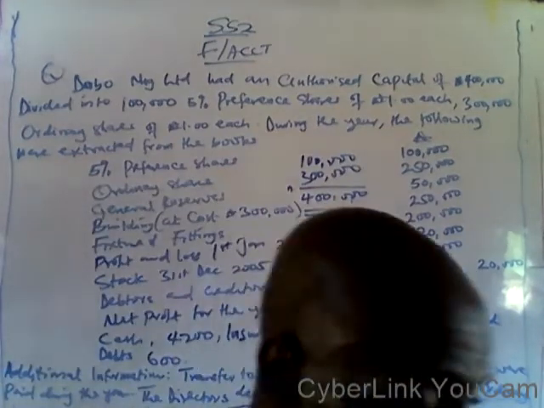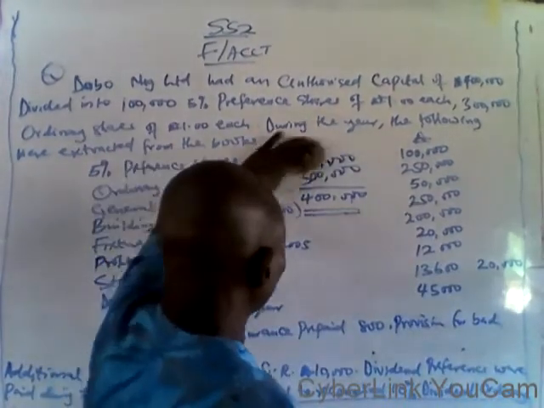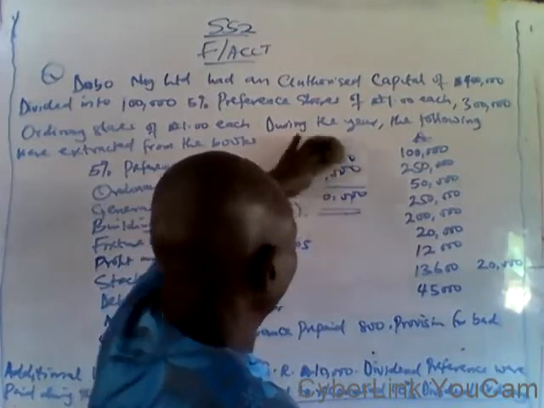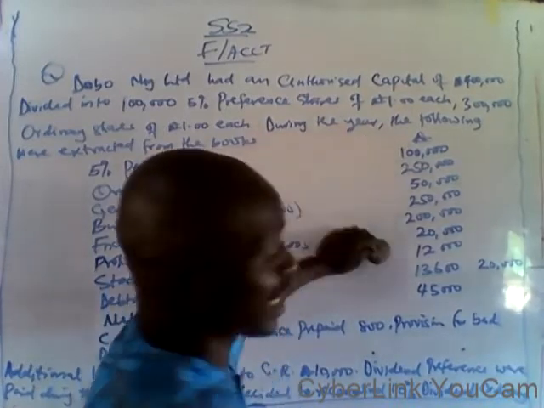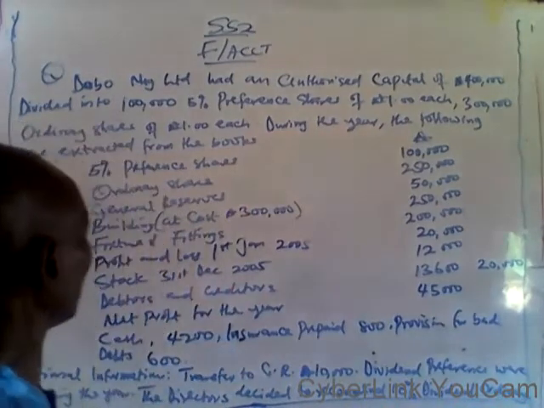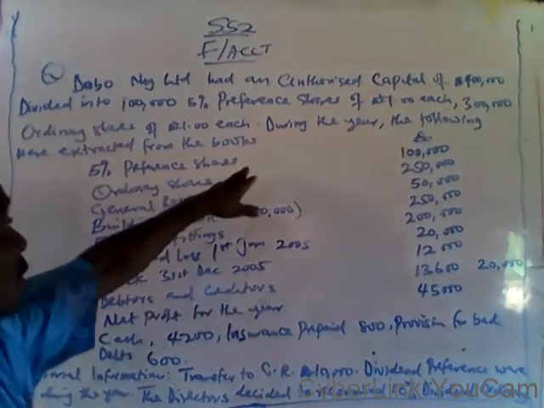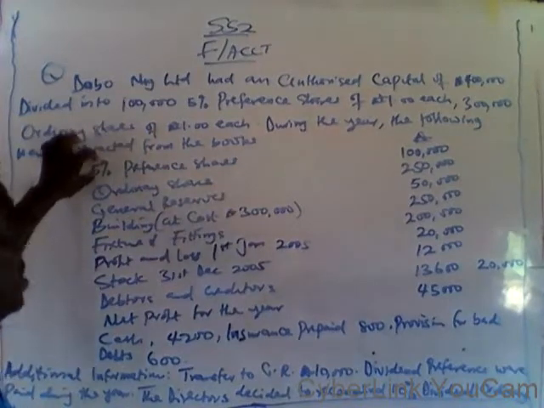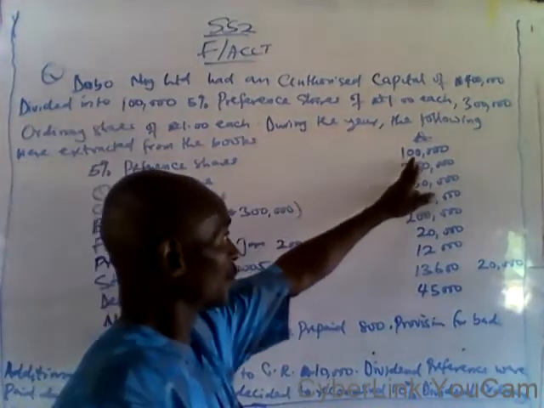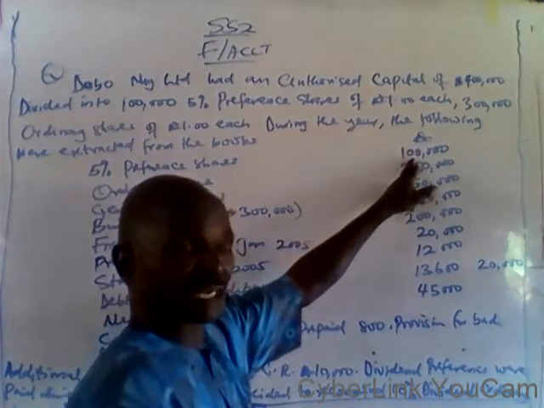We are still on the liability side, and you move to the next line and write the issued share capital. The first thing you have to consider is to get your information from the major body of the question. Here you have a 5% preference share; you write the 100,000 naira under the naira column.